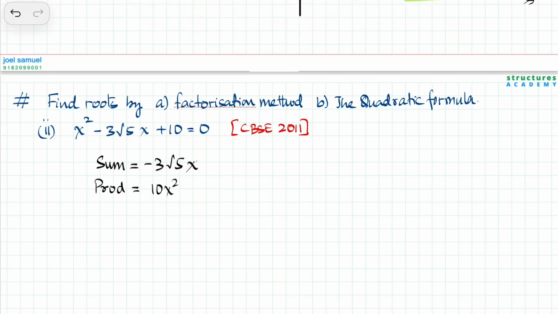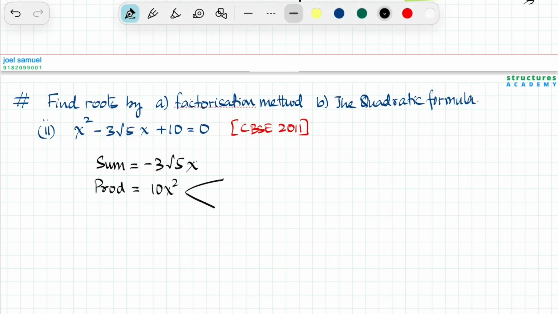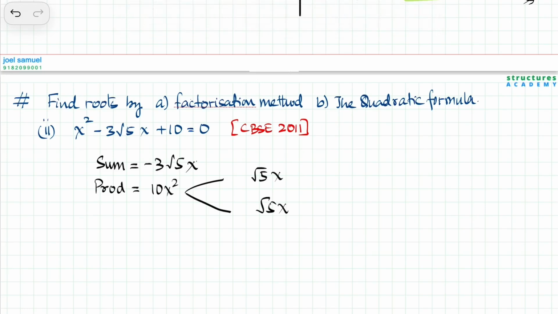The key here is whatever you split 10x square into, each of those terms must contain root 5 because their sum should give us minus 3 root 5. So I'm going to split this into some root 5x and some root 5x. Notice when I multiply these two, I'm already getting 5x square. I need to multiply with 2.